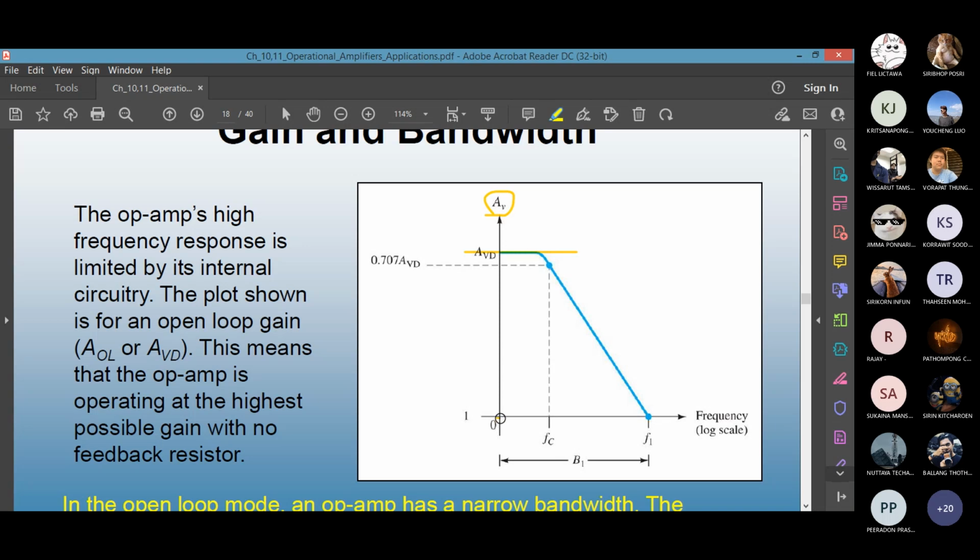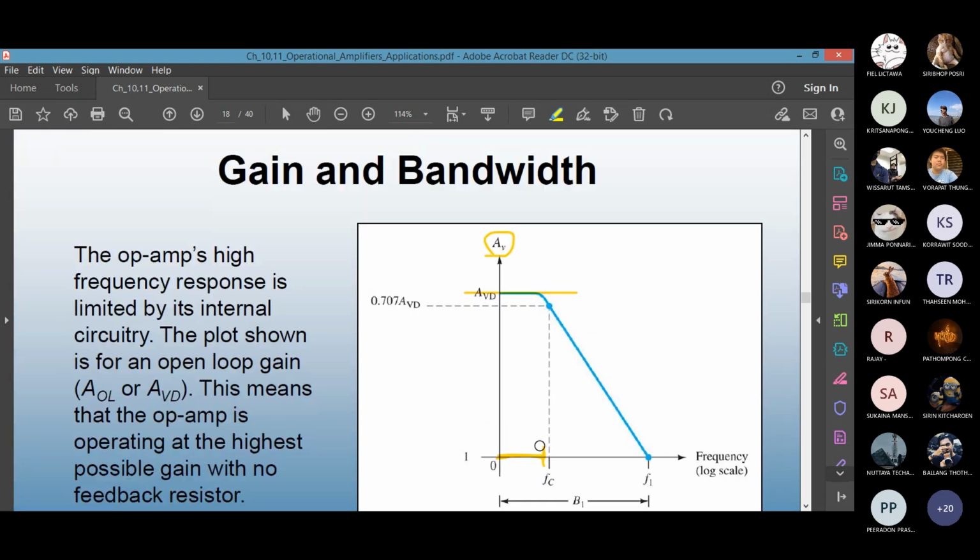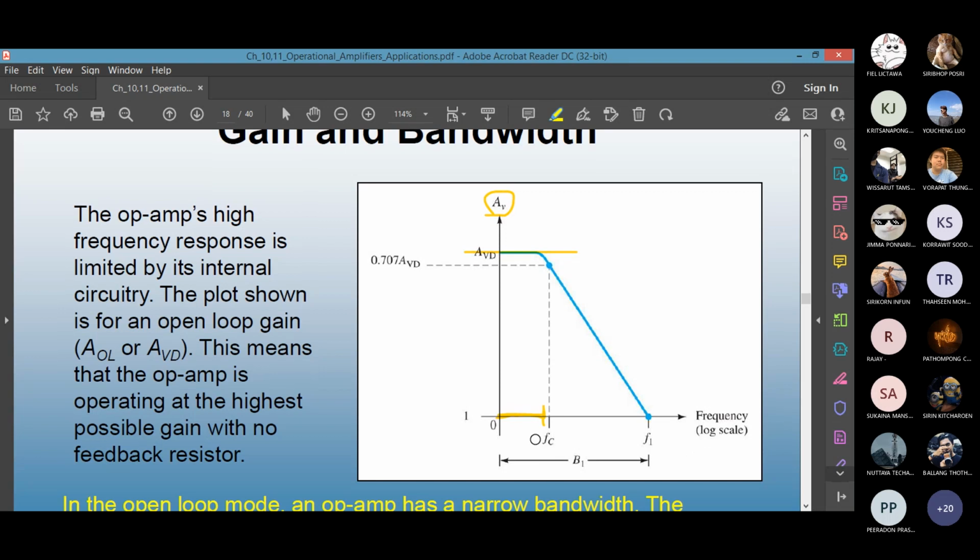If you take this is zero frequency, from zero to only this part, your amplifier can operate. That's a very small bandwidth, not really useful. You want to make the op-amp operate in a larger bandwidth. So there's a compromise. The compromise is make it operate as a feedback loop.